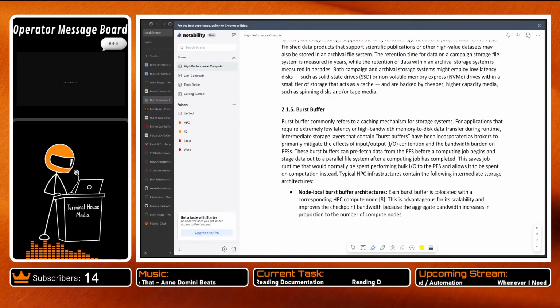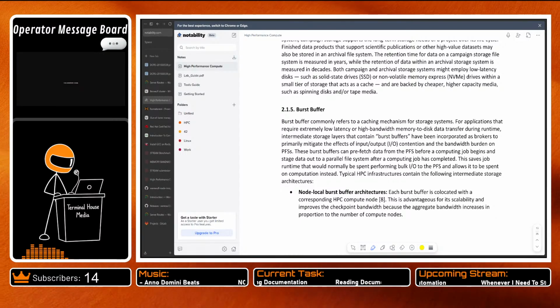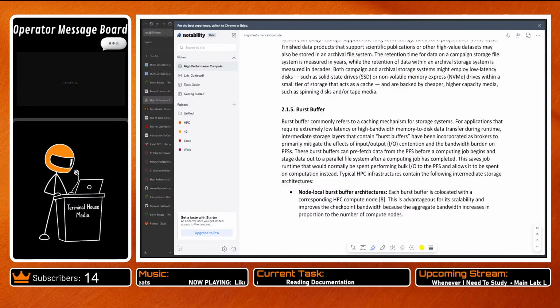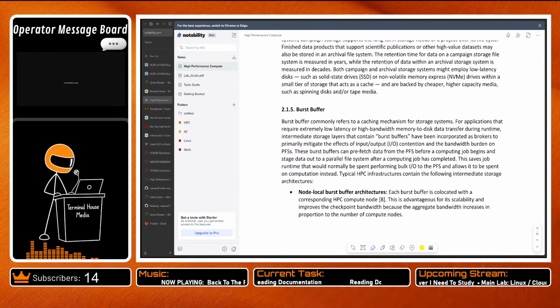For applications that require extremely low latency or high bandwidth memory to disk data transfer during runtime, intermediate storage layers that contain burst buffers have been incorporated as brokers to primarily mitigate the effects of input-output contention and the bandwidth burden on parallel file systems.